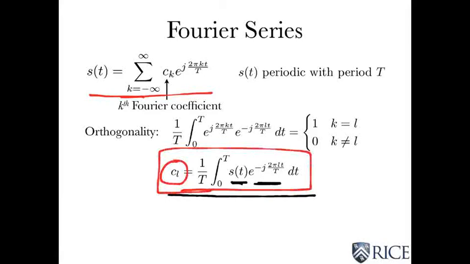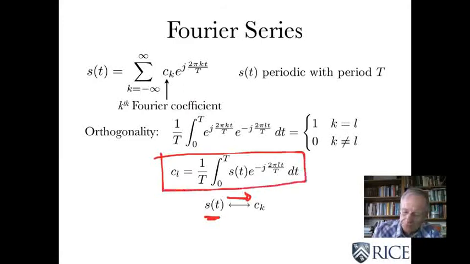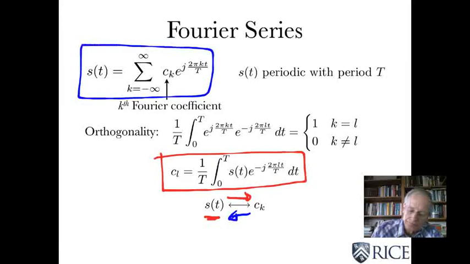Well, this is a way that, given the periodic signal as a function of time, I can find its kth Fourier coefficient. So there's an equivalence here, which is an important thing to realize. Given the signal, I can find the c sub k's by using this expression. And given the c sub k's, I can find the signal by using this expression.